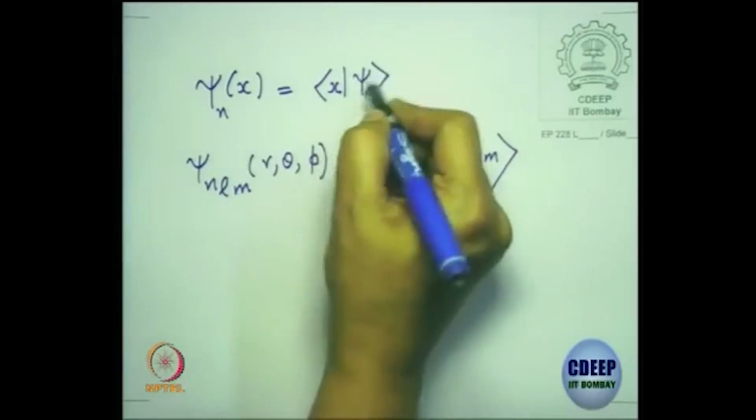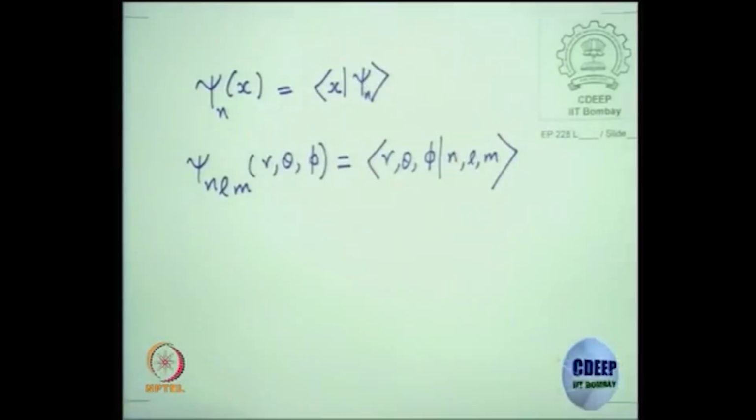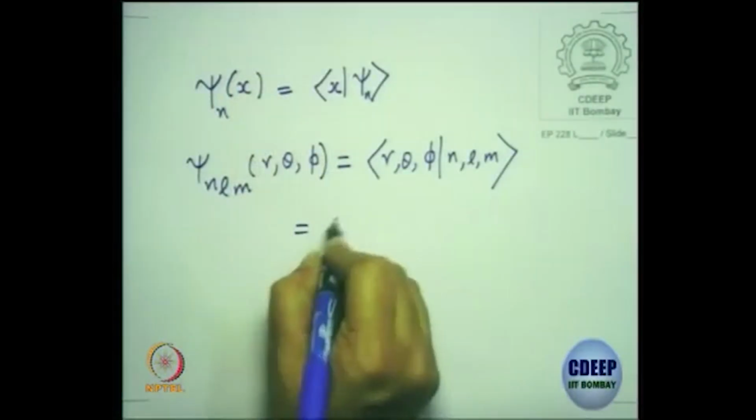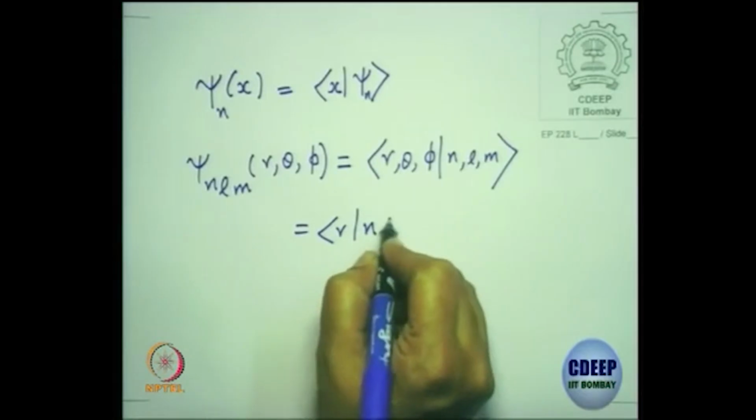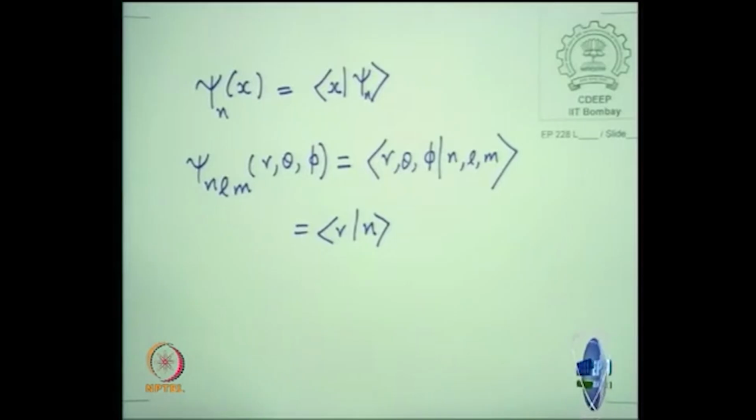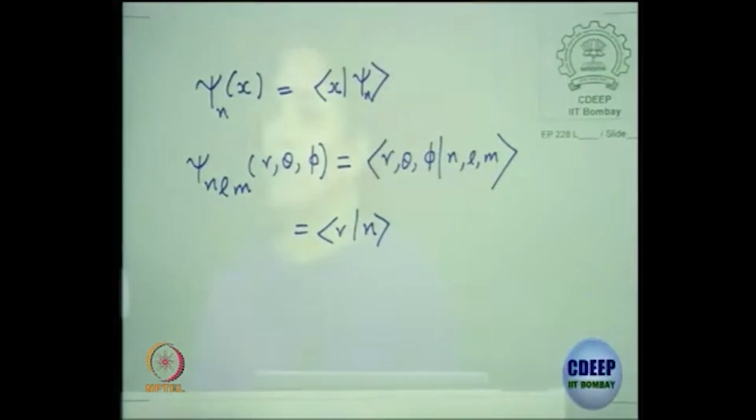You can forget about the psi and write an n there. You can also write this as r with n. The theta and phi are basically giving you the unit vector direction.